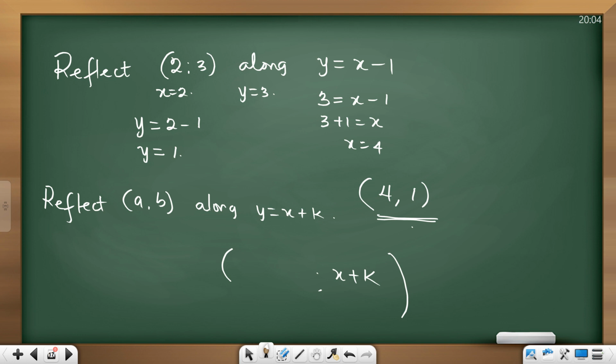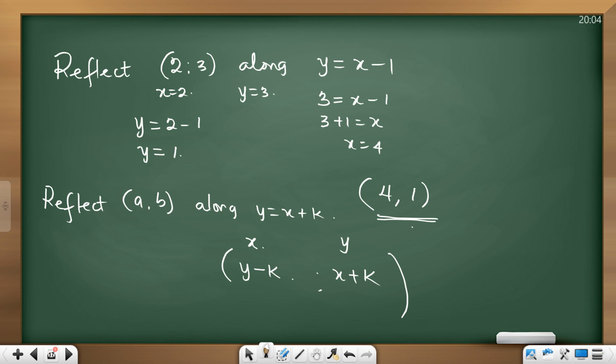Y is x plus k, right? What is my x? Just doing change of subject formula here. That makes sense. Because this is y and this is what? X. Y is x plus k. What about x? Move the k over. Y minus k. That's how you reflect along a line.